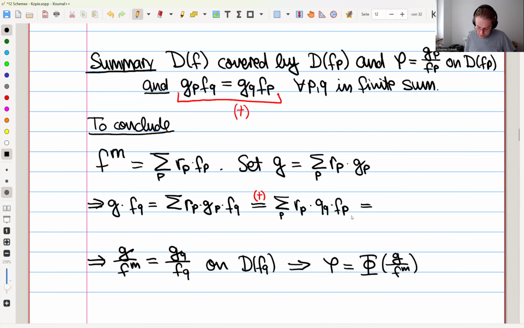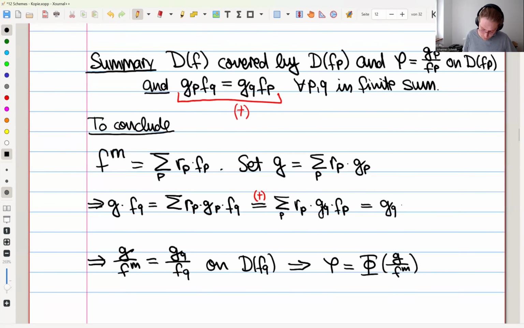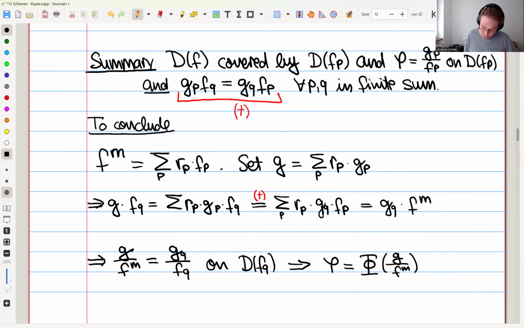But now the sum of rp times fp, you can draw out the gq. And then what is left, the sum of rp times fp, is just f to the power m. And this works for rq. And so you see, this is exactly what you get for multiplying this thing out. And then this thing here works.